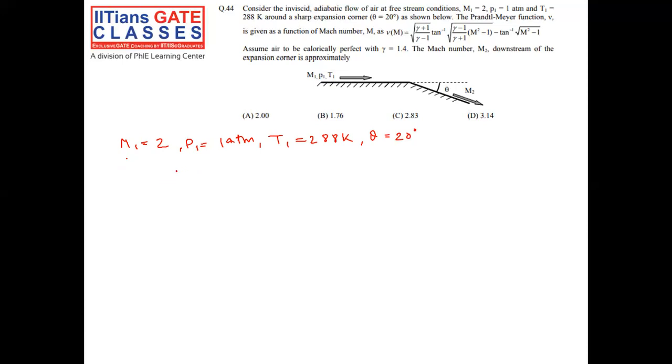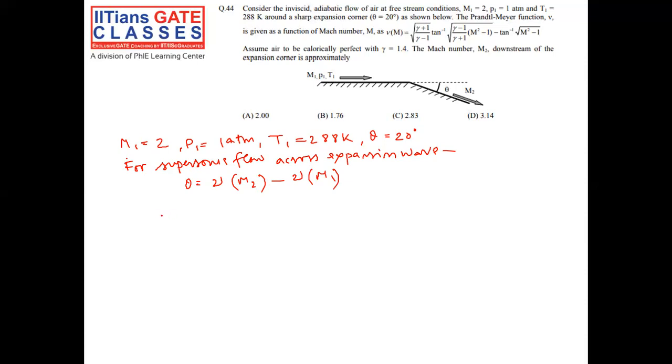Now we know that for supersonic flow across an expansion wave, theta will be equal to nu of M2 minus nu of M1, right? Now the formula of nu M is given.